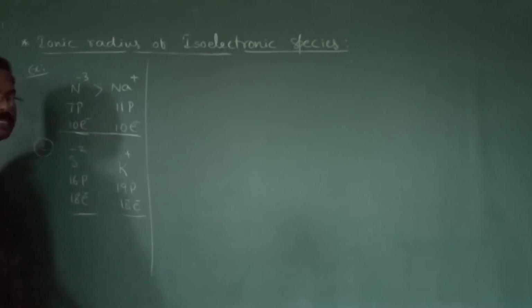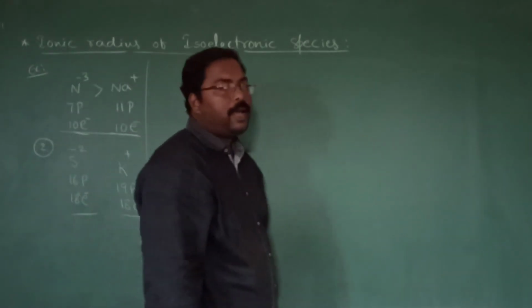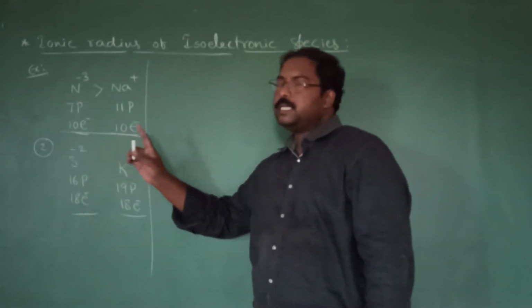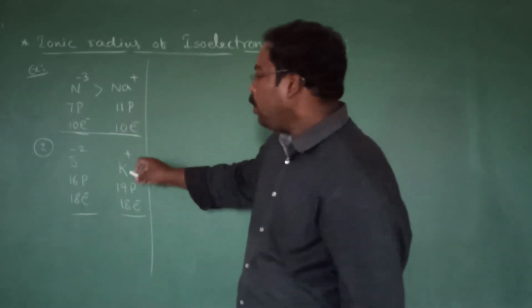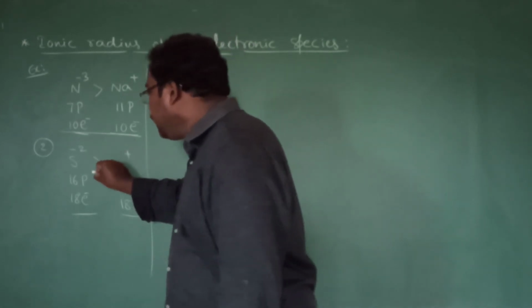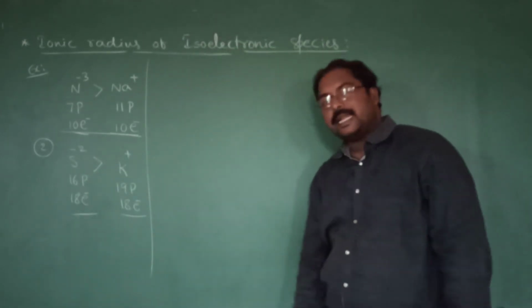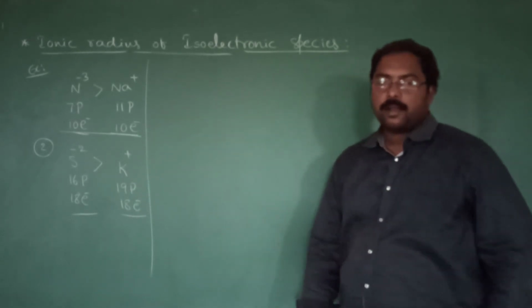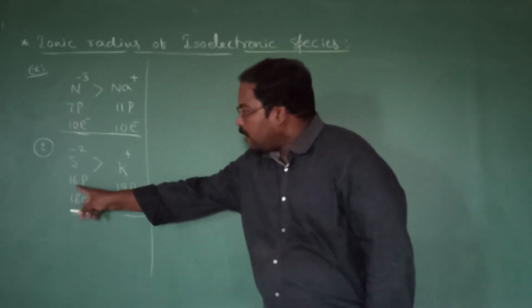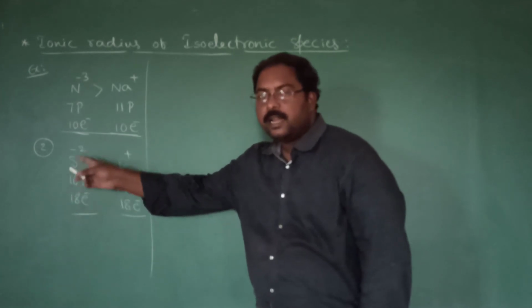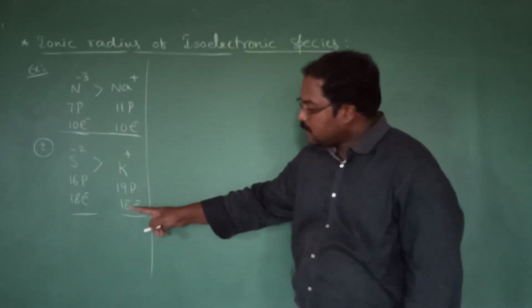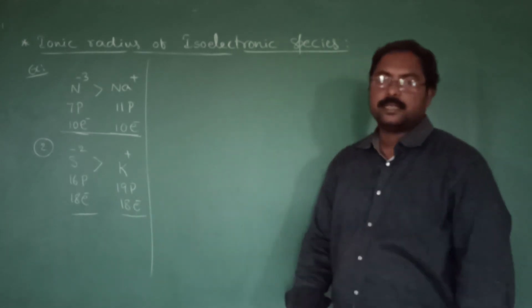Number of electrons is same. So both these two are isoelectronic. Okay. Now, if I ask which is large in size, I hope it is very clear that sulfide ion is larger in size compared to potassium ion. Okay? Because of less nuclear charge, larger is the size. Higher the nuclear charge, smaller the size. Okay?